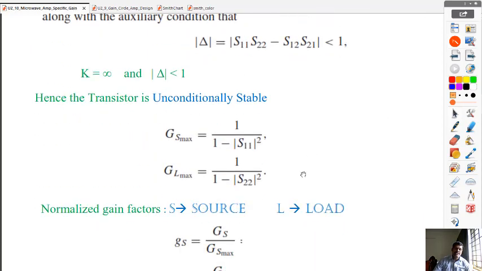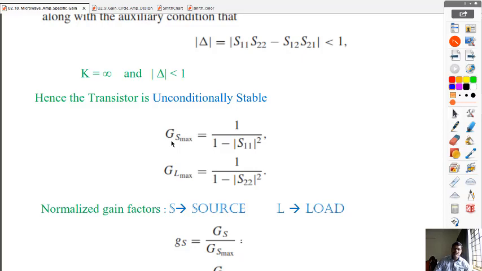So the next step is we have to compute the GS maximum. GS maximum is the transducer gain when the input source is complex conjugately matched.